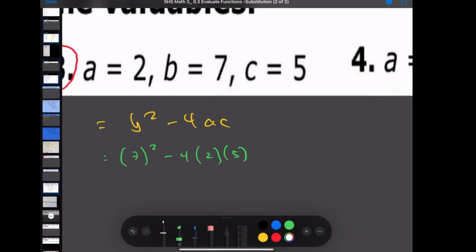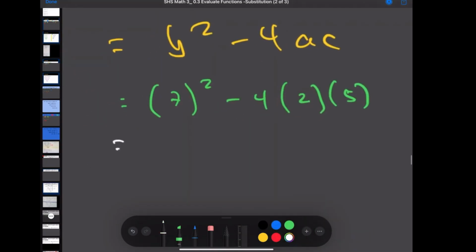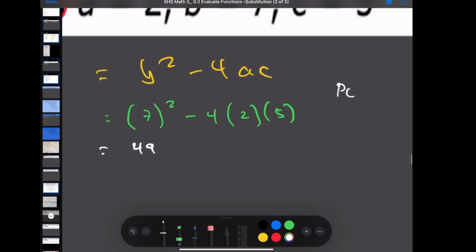Exponent. What do you get? Keep going. Should I subtract 4 or multiply? Yeah, PEMDAS, guys. So multiply kind of says multiply all of these. Samuel, do it.